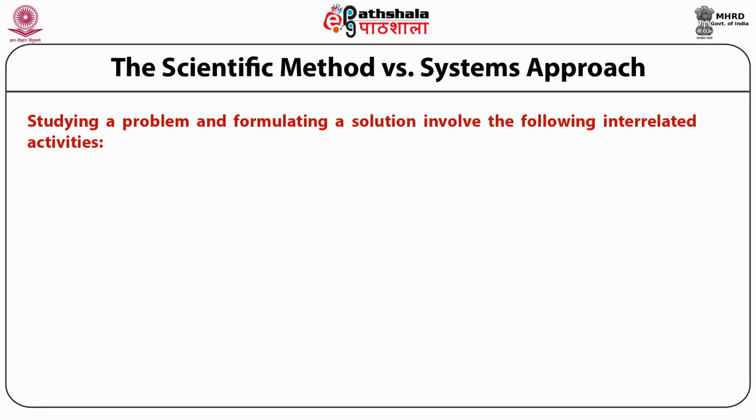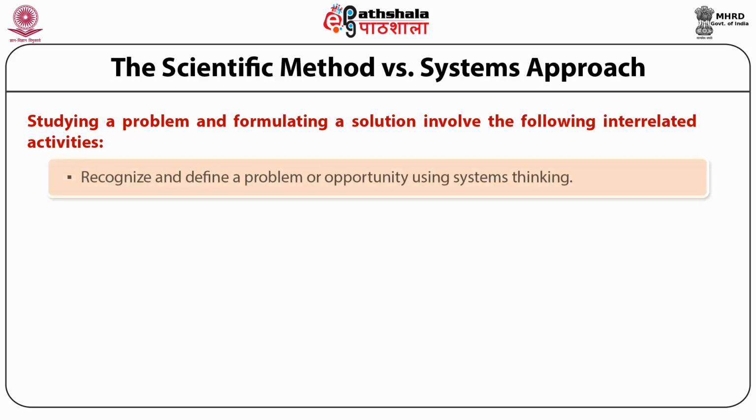Studying a problem and formulating a solution involves the following interrelated activities. The very first is to recognize and define a problem or opportunity using system thinking.